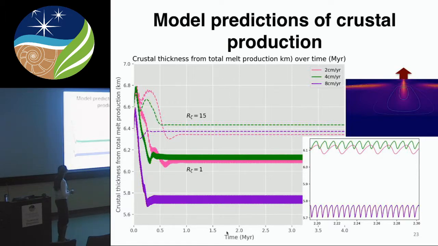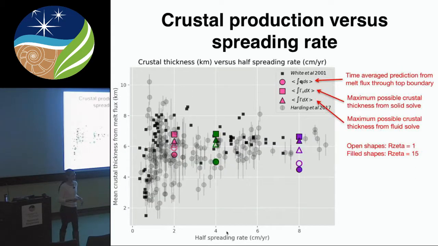And so when you take the average of the time series, we can plot this over what I was showing before in terms of crustal thickness versus half-spreading rate. Previously, I showed you the black squares, which is what is commonly used to compare crustal thickness versus half-spreading rate.